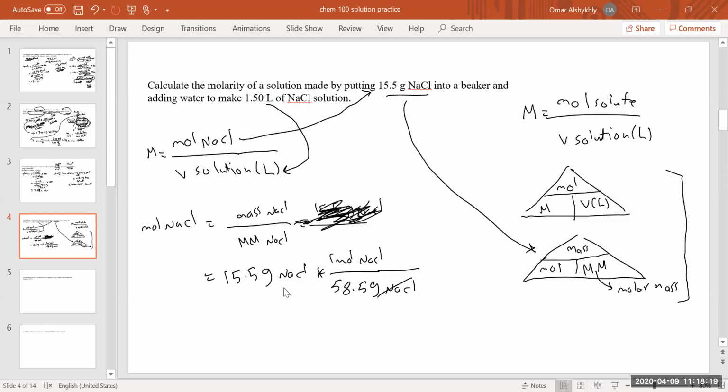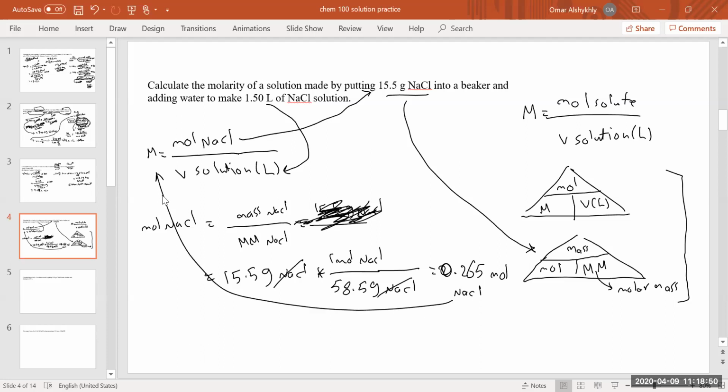Now cancel gram NaCl with this one, divide 15.5 by 58.5, and that will give you 0.265 mole NaCl.